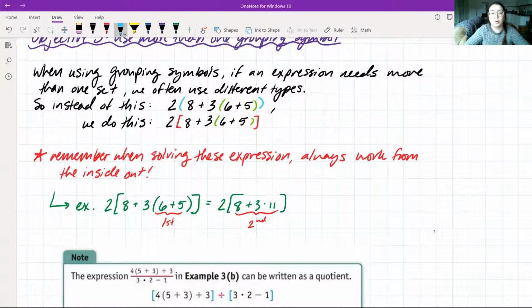And we'll need to use our order of operations here as well. And what we see here, if we only consider our brackets, we have 8 plus 3 times 11. There are no exponents, but we do have multiplication. So we do have to use our step 2 before we go on to our step 3. So 3 times 11 is step 2. Just like before when 6 plus 5 was a step 3.